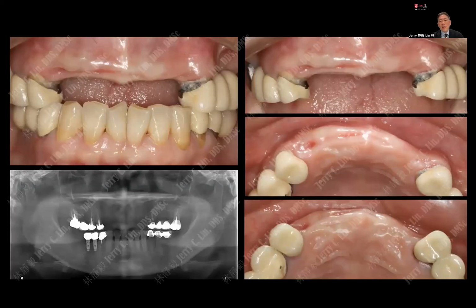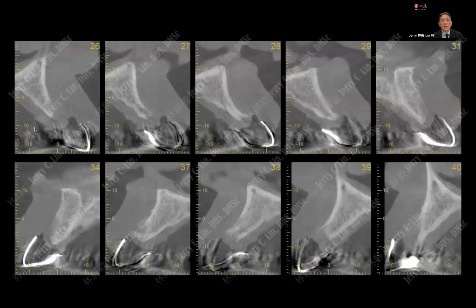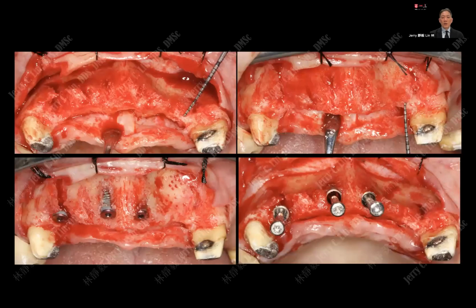So this patient came in with those front teeth being extracted, and of course, there's some bone destruction, bone loss, resorption, ongoing bone resorption. So when we opened it up, we found there are some spots where we could place implants, even though the bone is missing on the buccal.